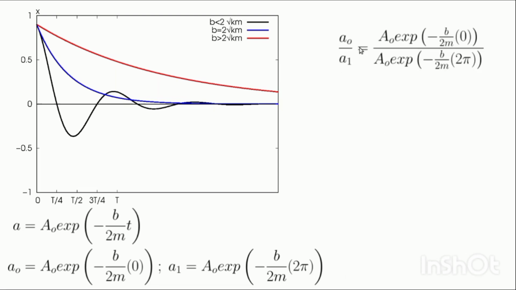If we take the ratio, we have the exponential of this over this part, which simplifies to A naught over A1 equal to the exponential of 2B pi over m. We can see that this ratio A naught over A1 is also equal to A1 over A2, and likewise A2 over A3.